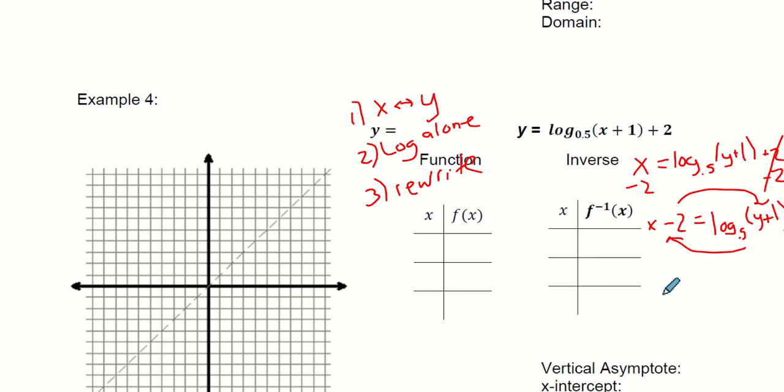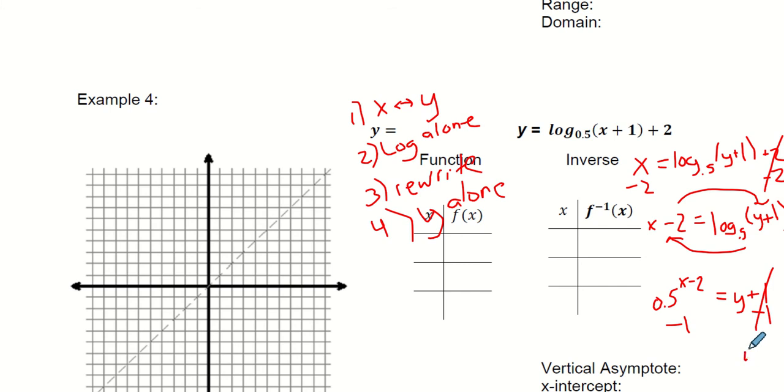So 0.5 to the power of x minus 2 equals y plus 1. And then step 4 is to get the y by itself. So get the y alone. I know this is a little bit ugly, but that's okay. So we would subtract 1 from both sides.